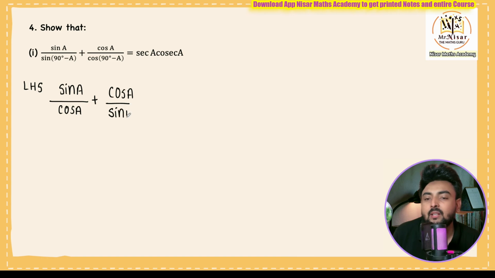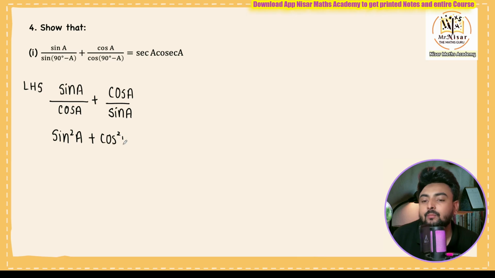See this complementary angle you have practiced a lot in 9th standard. Again the same exercise is repeating. Okay, then sin a into sin a, sin square a, cos a into cos a, cos square a, upon cos a into sin a. And sin square a plus cos square a is going to become 1 by cos a into sin a.